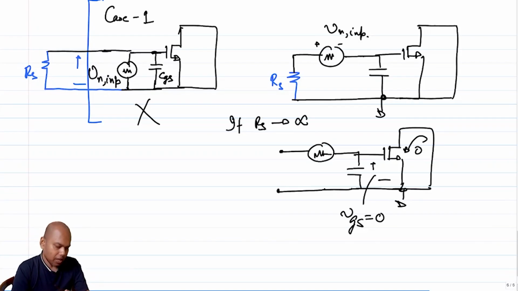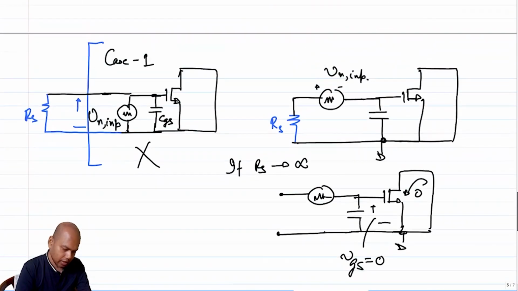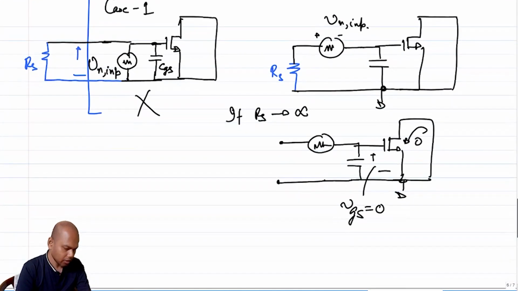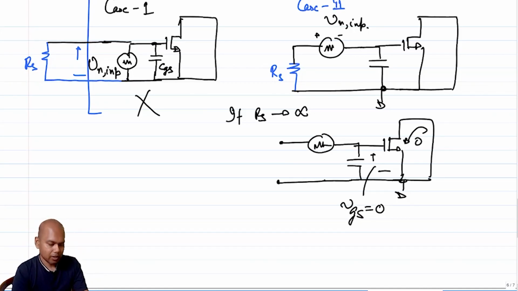What about the case where I have a, so this is case 2. It can partially work. It seems that I still can drive an input, but there is a problem when RS tends to infinity.